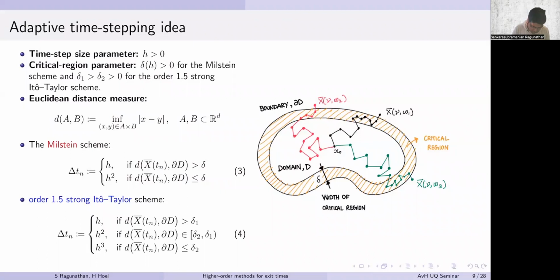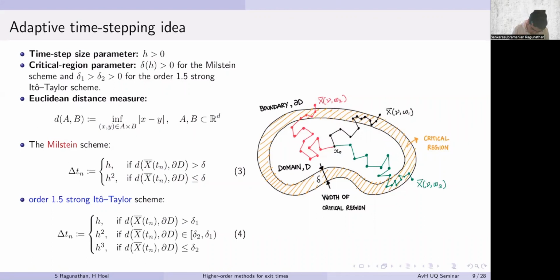The time step size parameter is chosen as h, which is greater than 0, obviously. And we consider two cases. The first is the Milstein scheme with the critical region parameter delta of h. The second is the order 1.5 scheme, where we use delta 1 and delta 2. We consider two critical regions which are nested within each other in order to improve the strong rate.